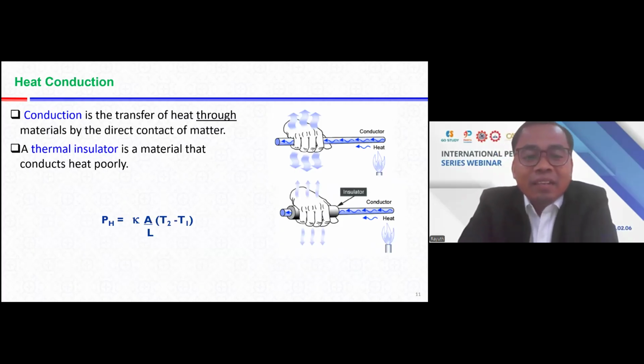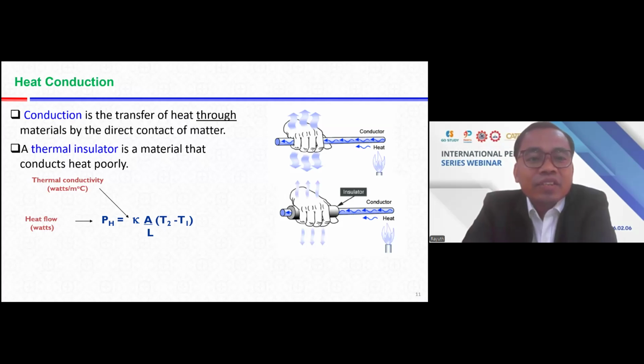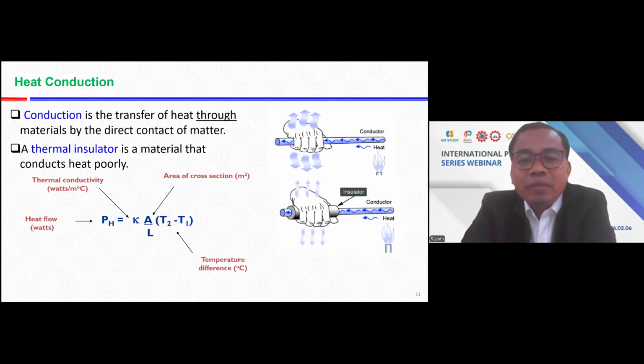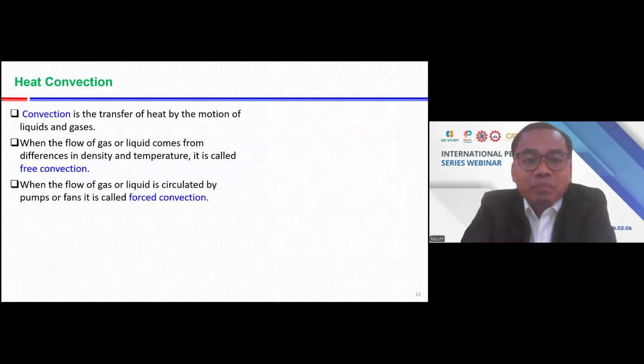I give you the basic formula: Q is the heat flow, the unit is watt, and k is the thermal conductivity, which as I mentioned has a unit of watts per meter Kelvin or Celsius. A is the cross-sectional area, the unit is square meters. T1 and T2 are the temperatures from hot to cold, and L is the length.